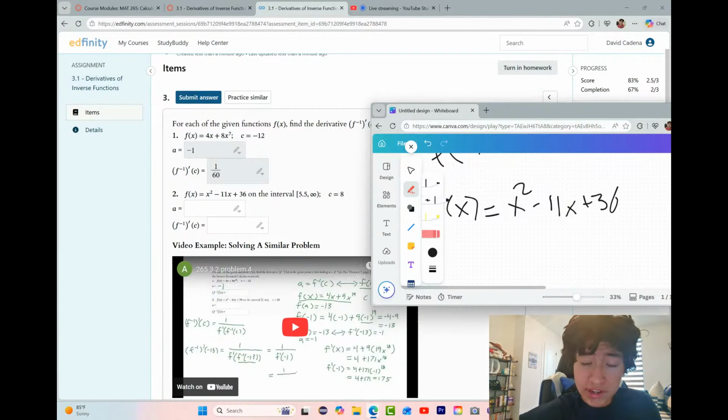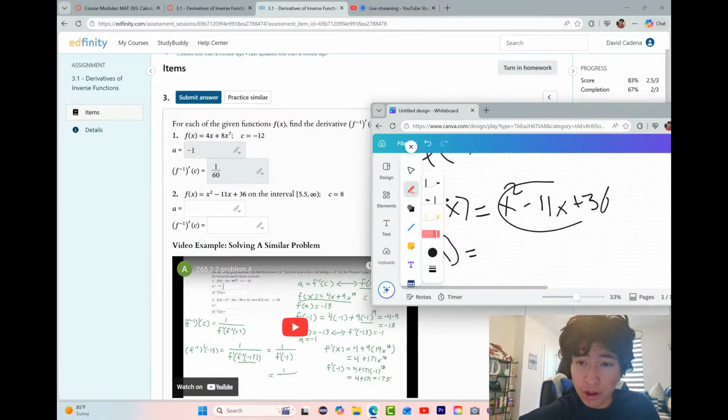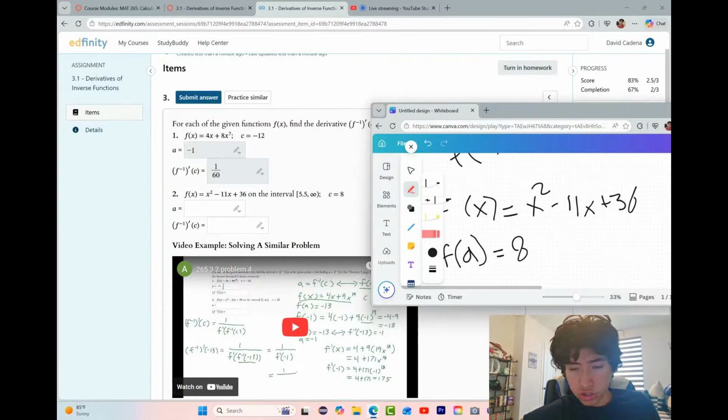Gotcha. So we need a certain x value, let's call it A, which plugged into our equation equals 8. Let's try to get lucky. If we plug in 1, 1 minus 11, we get negative 10, so that doesn't work.